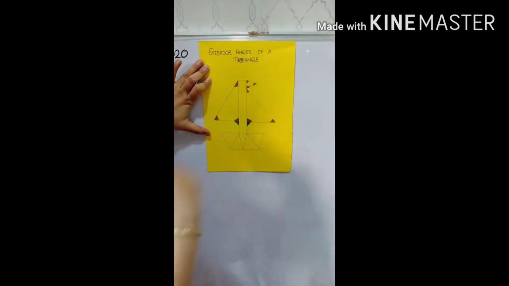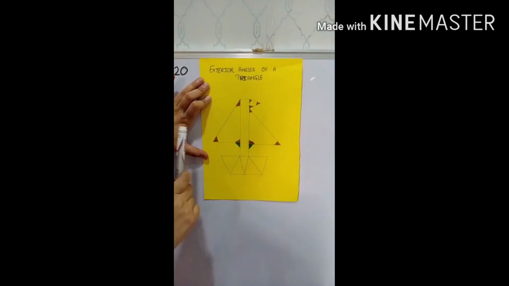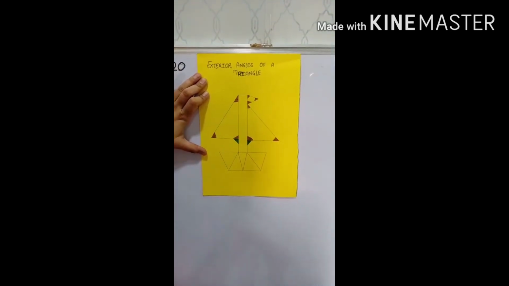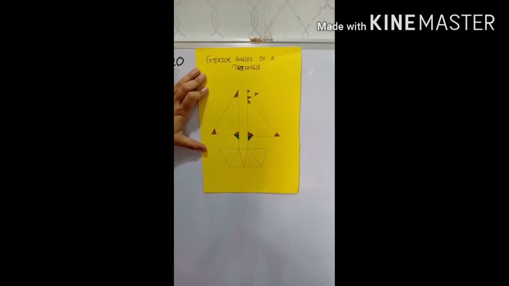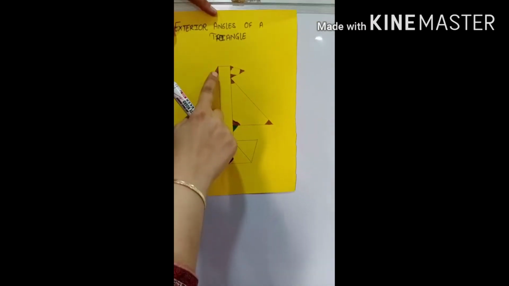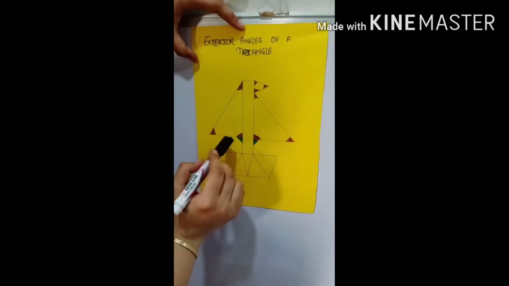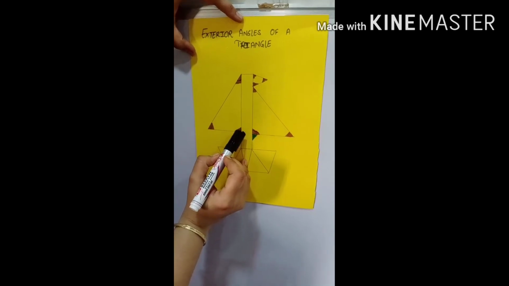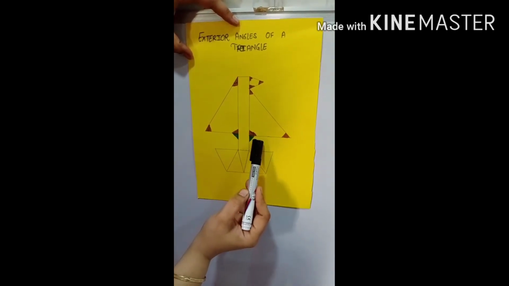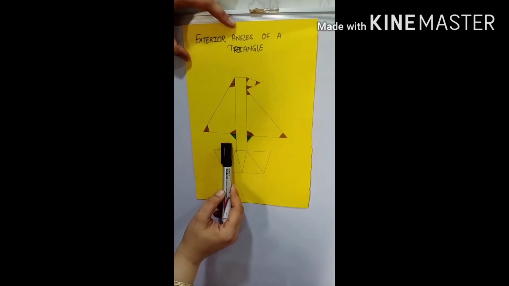I had drawn a sheet. In this, I have colored the interior angles with one color and the exterior angles with another color. See this brown color shows the interior angles in this triangle, and this green color shows the exterior angles.